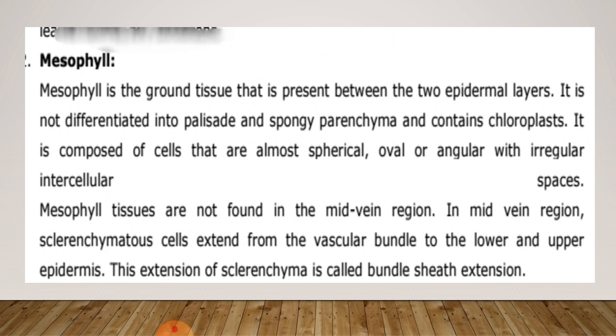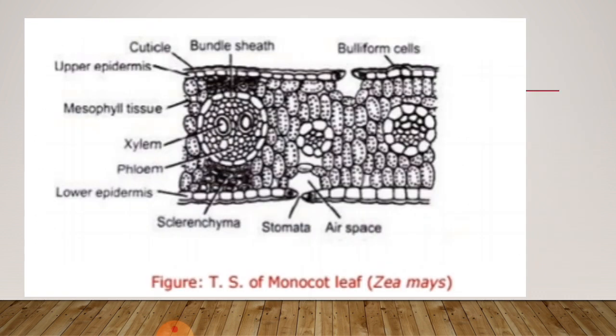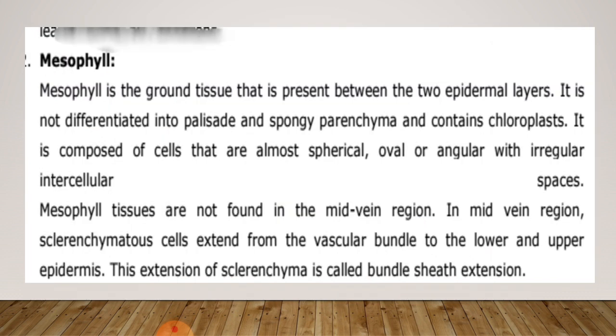In the midvein region, sclerenchymatous cells extend from the vascular bundles to the lower and upper epidermis. The extension of sclerenchyma is called bundle sheath extension.